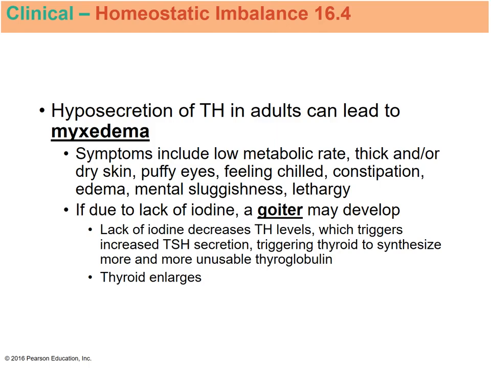Because the thyroid tends to bind iodine, if there's a lack of iodine, you may see what we call a goiter develop. It looks like a large growth. What happens is this lack of iodine decreases the thyroid hormone levels. Because the hormone levels are decreasing, that triggers release of the thyroid stimulating hormone because it's low.